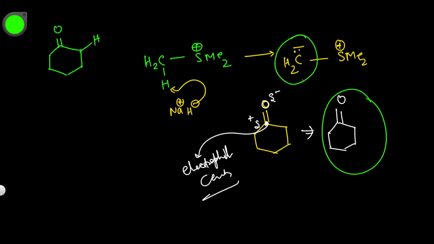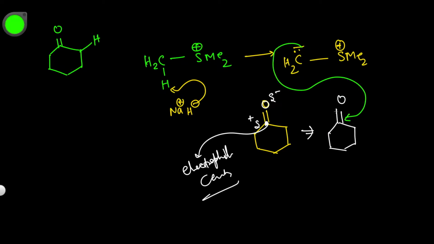Now we have a nucleophile here, CH2 minus, so it will attack on this carbonyl position, the electrophilic center, and now this pi bond will shift onto the oxygen, and you will get something like this. Here is the O minus, and here you will get CH2 and SMe2 plus.